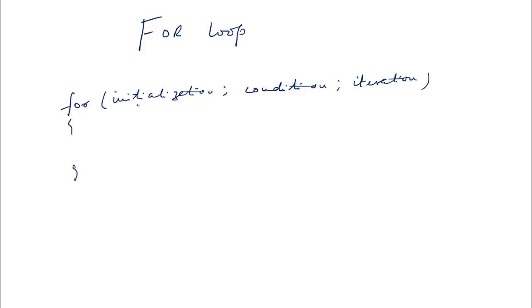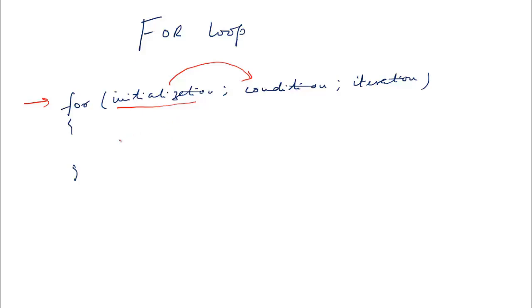So in the first part, when the instruction enters into the for loop, it will initialize first. It will come here, the initialization part, and then it checks whether the condition is satisfied or not.